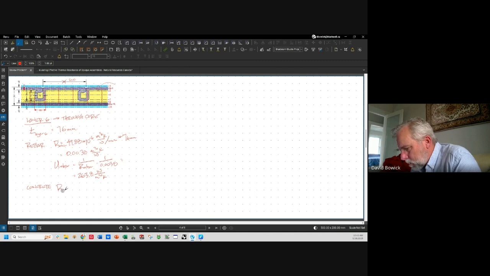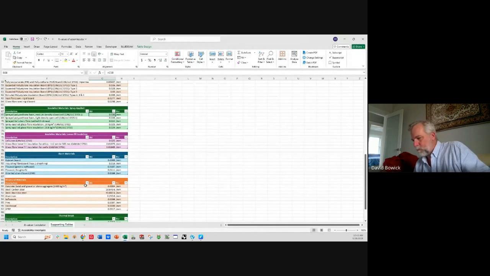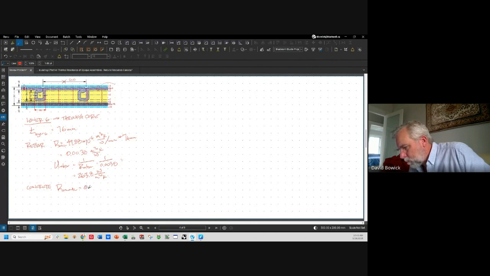R concrete equals, I do these from memory now, 0.0004 meters squared, degree Kelvin per watt per millimeter times 76 millimeters.